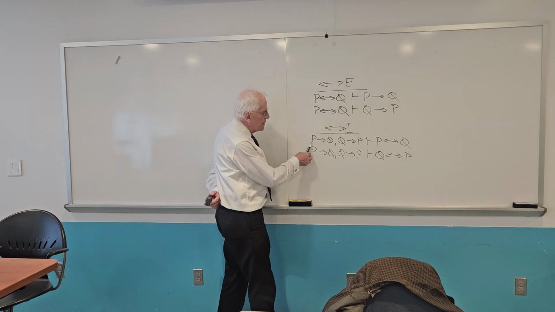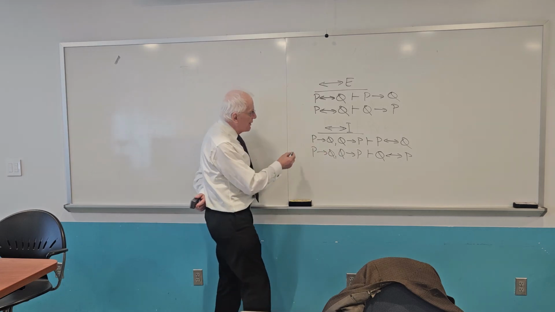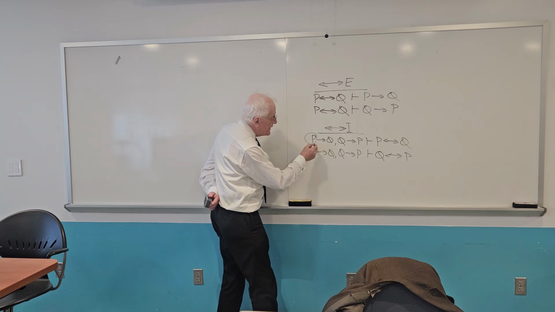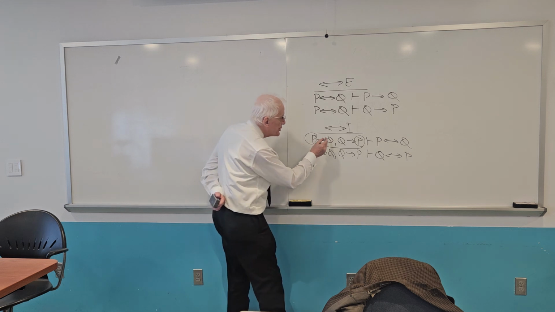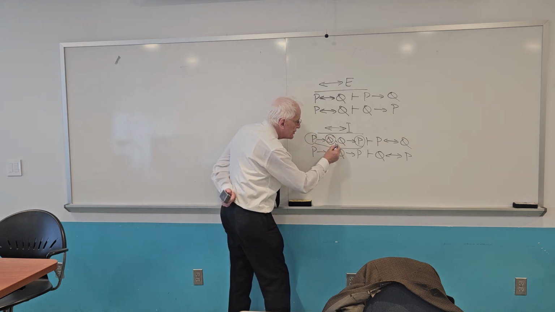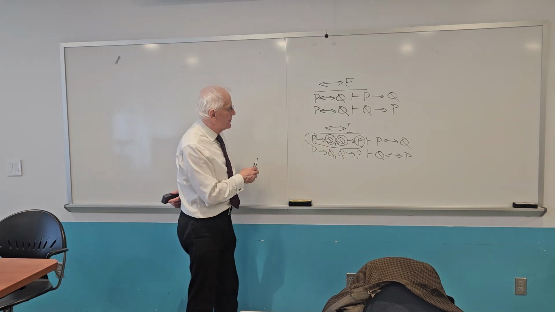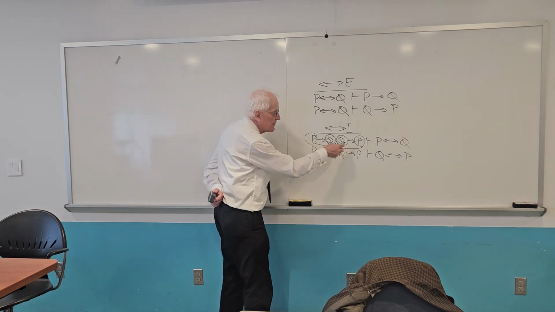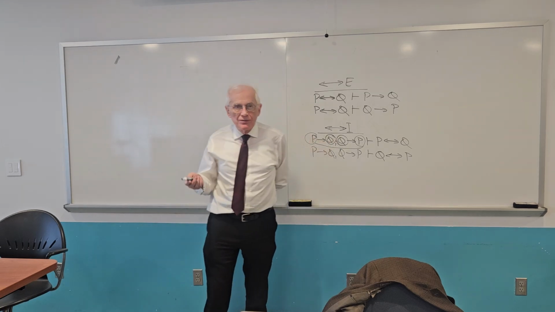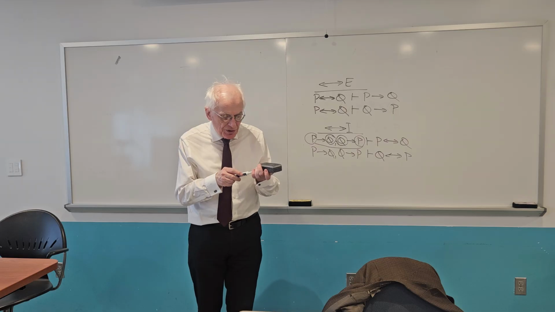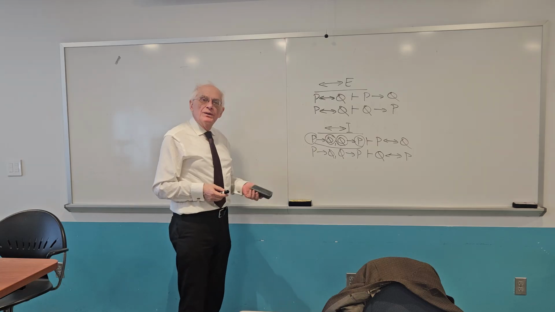You have to have the relation between the antecedent of one conditional and the consequent of the other, and the relation between the consequent of one conditional and the antecedent of the other. So long as you have two conditionals, where the antecedent of the first is the consequent of the second, and the consequent of the first is the antecedent of the second, any two conditionals like that can be put together to form a biconditional.